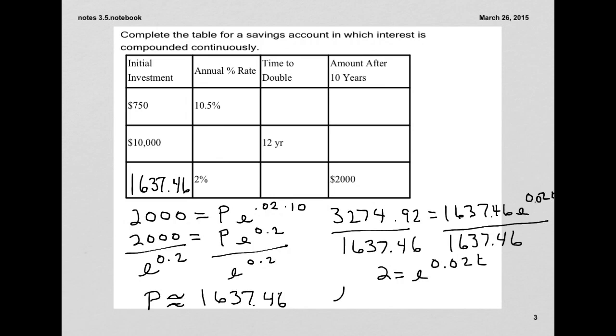So that's ln of 2 equals 0.02t. I divide both sides by 0.02, and I get t is approximately 100.